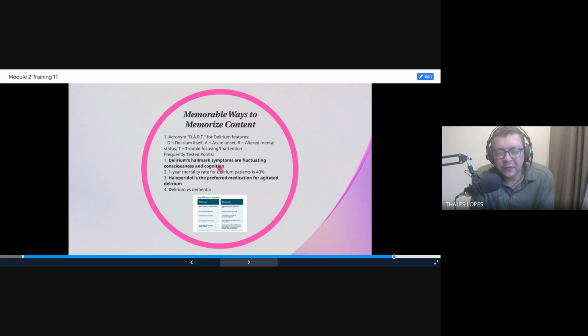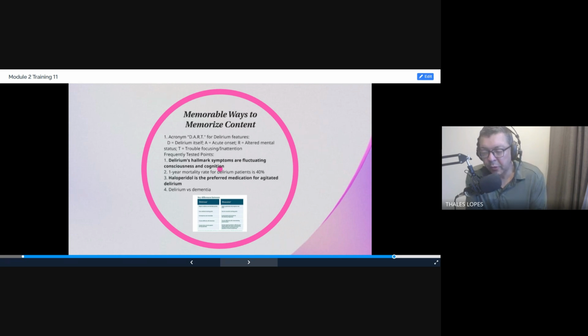Frequently tested points: delirium, the hallmark is fluctuation in consciousness and cognition. Mortality rate is high within 1 year. Haloperidol is the preferred medication for agitated delirium.